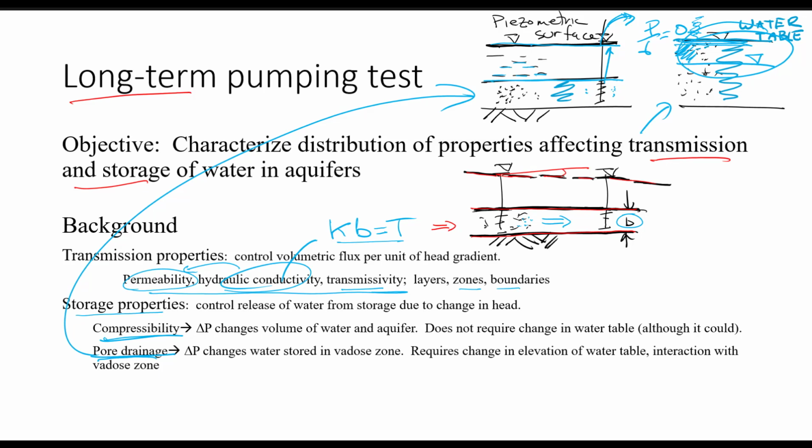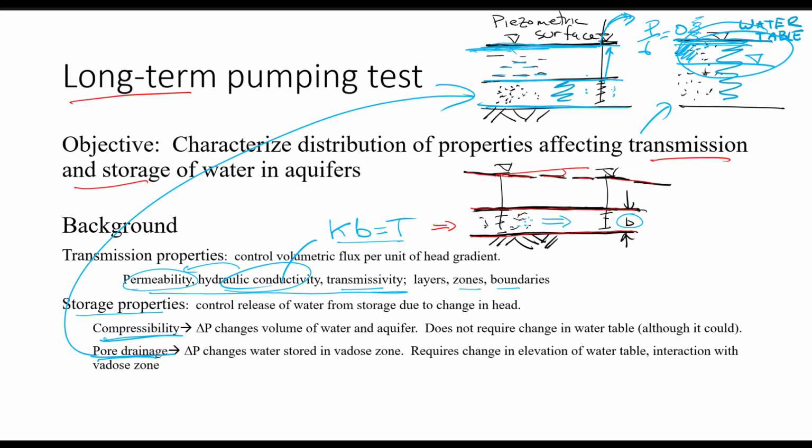And one thing that this points out is that the piezometric surface here, even though I draw them using the same symbols, the piezometric surface and the water table, they really mean different things, because this piezometric surface characterizes the pressure in this confined aquifer.